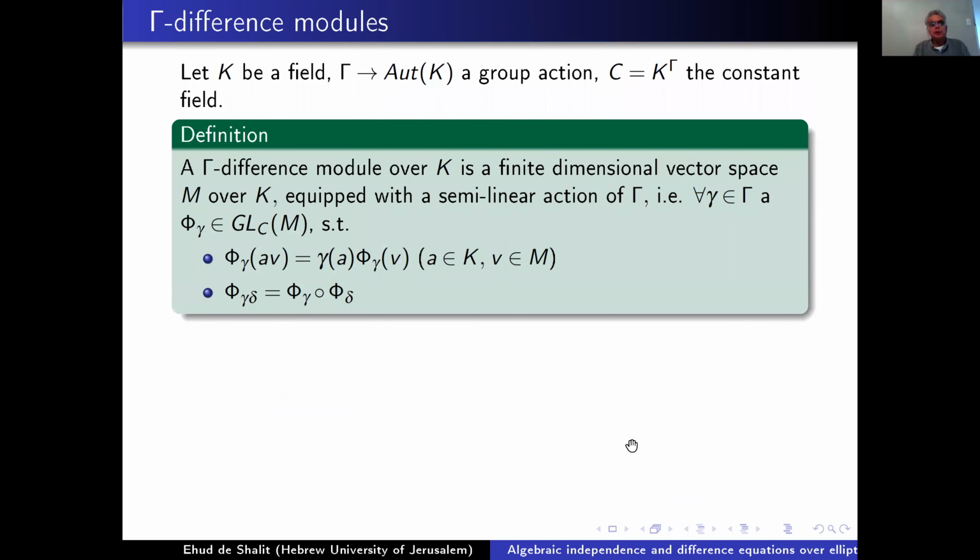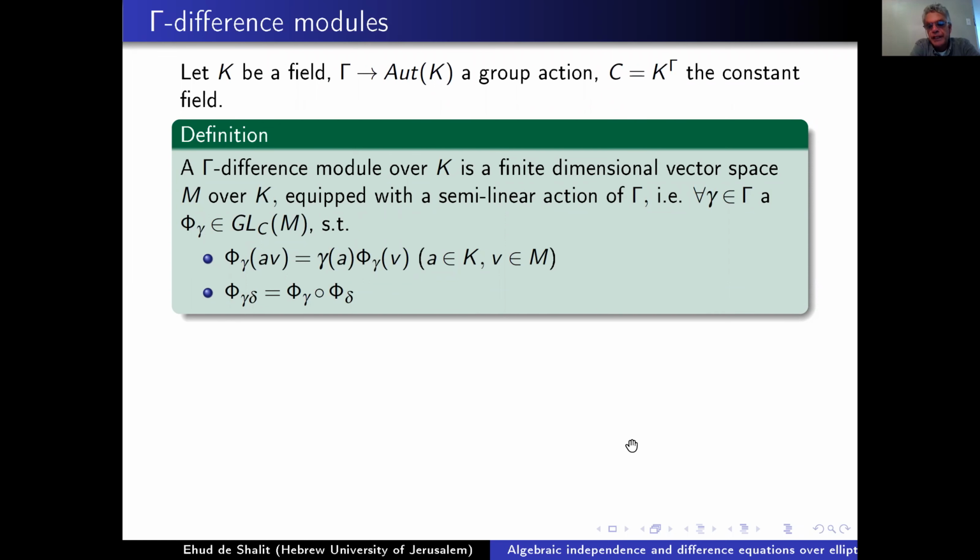So now I come to the definition, or to this other language of gamma difference modules. Quite generally, if K is a field and gamma is any group acting on K, we will denote by C the invariants and call it the constant field. And a gamma difference module over K is a finite dimensional vector space M over K, equipped with a semi-linear action of gamma.